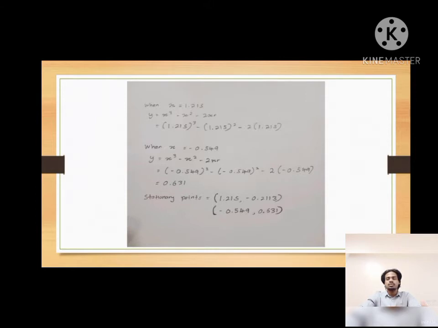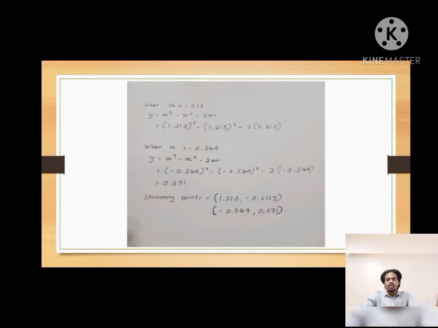The value we get is negative 2.113. Now we substitute the second value, x equals negative 0.549: in bracket negative 0.549 power 3 minus in bracket 0.549 power 2 minus 2 times negative 0.549. The value we get is 0.631.